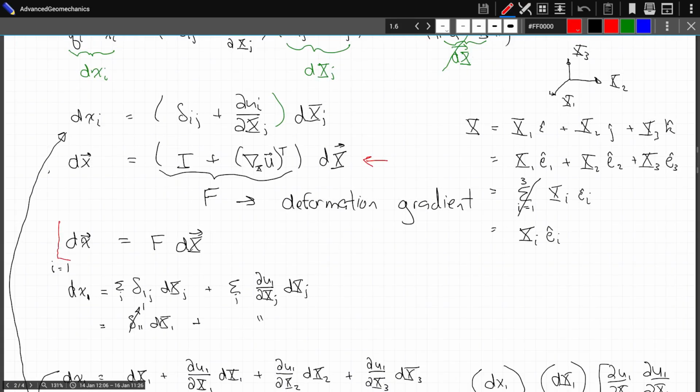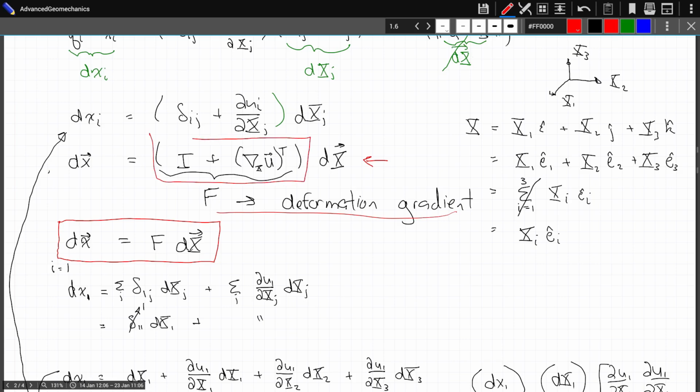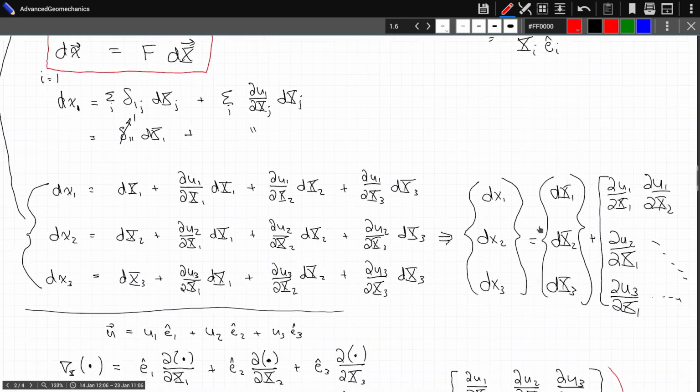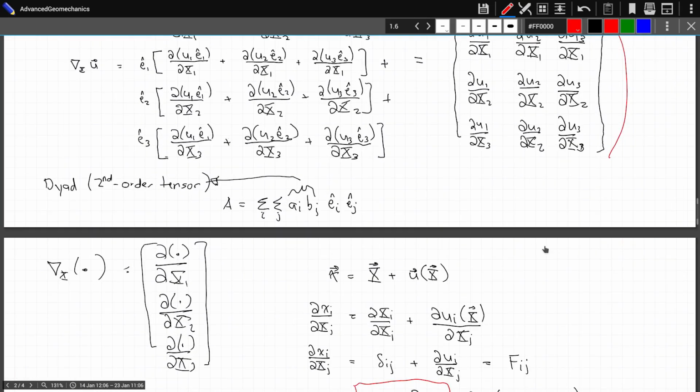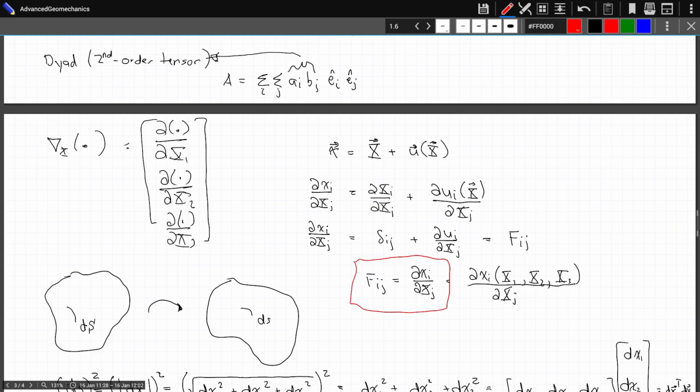this equation, which is an important equation that we'll use a lot, where F, of course, is the deformation gradient and is defined also here, right? We also saw that this thing is also the deformation gradient.